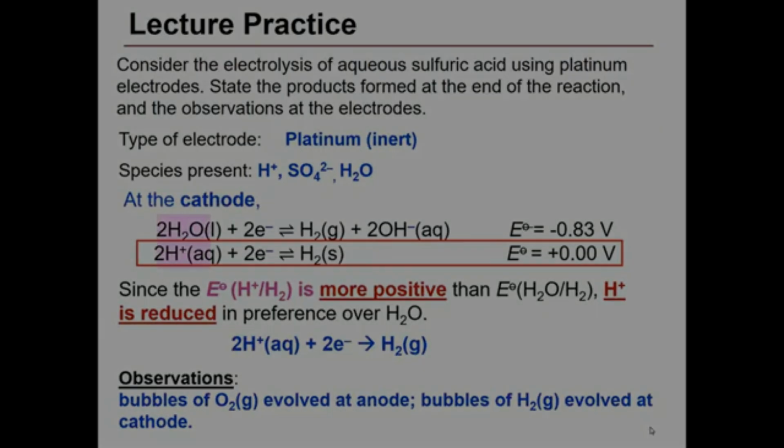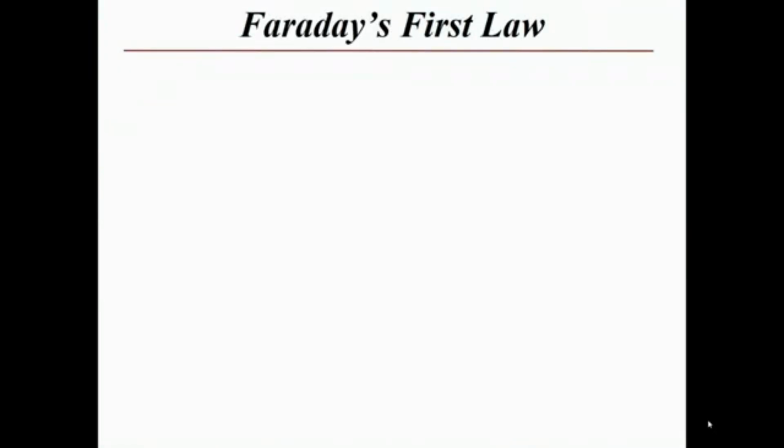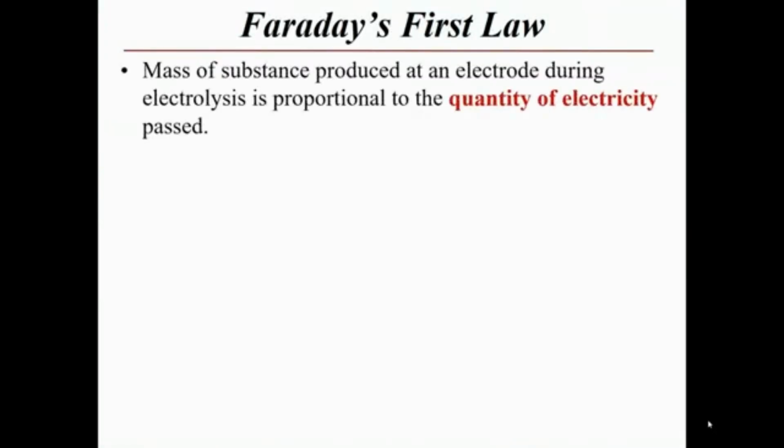Good. In this segment, we'll look at calculations involved in electrolysis, essentially the application of Faraday's laws of electrolysis. Faraday's first law of electrolysis states that the mass of substance produced at an electrode during electrolysis is proportional to the quantity of electricity passed through it.